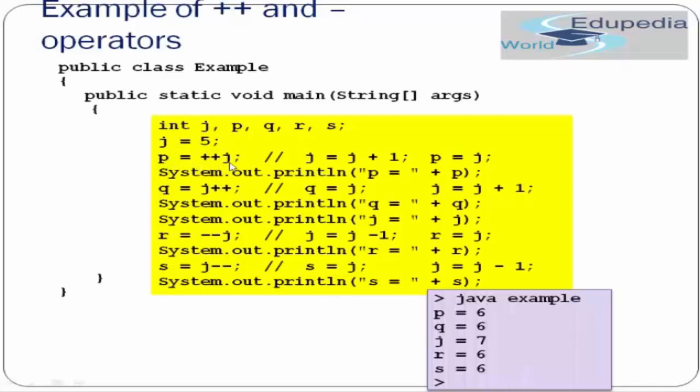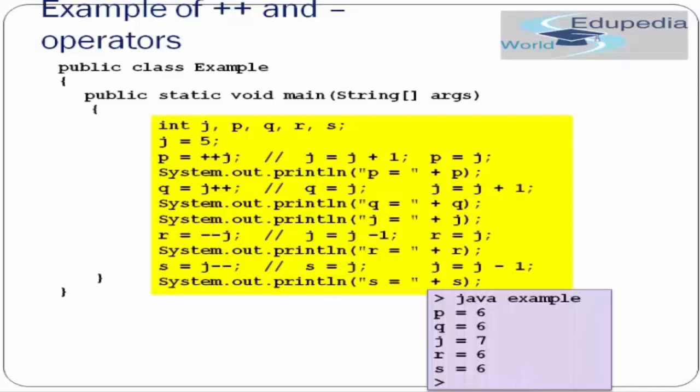Internally, what's happening behind the scenes when you are doing a pre-increment using plus plus j is j equals j plus 1, and then j is assigned to p. So firstly, the increment happens because it's a pre-increment. After the increment is done, the value of j is assigned to p.